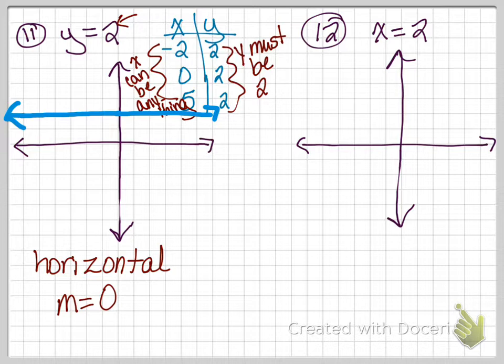Now, this x equals 2, in this situation, what is every single x value? Now, this is number 12. What is every x value in number 12? 2. What can y be? Anything.